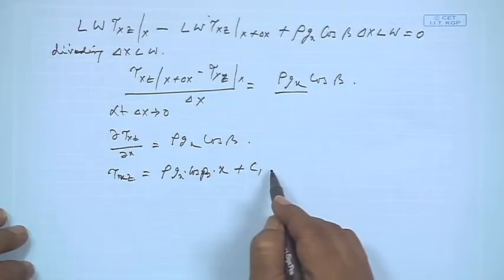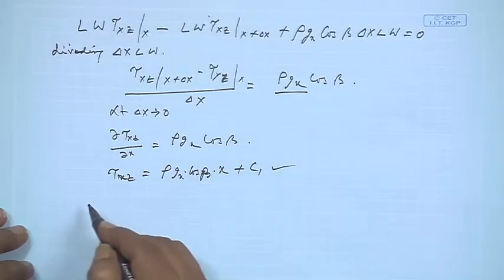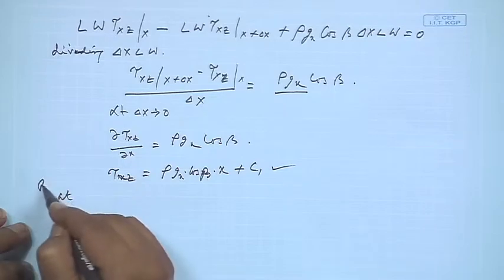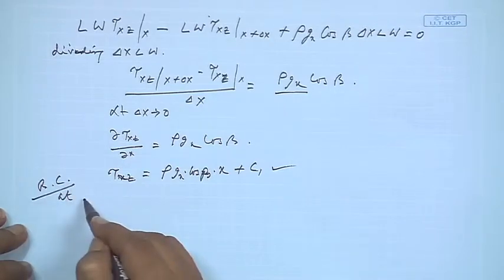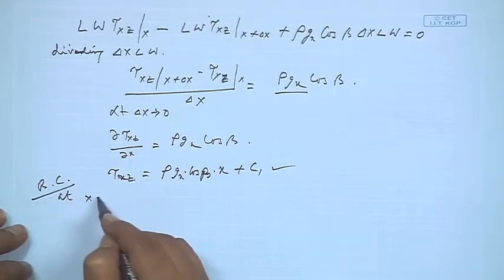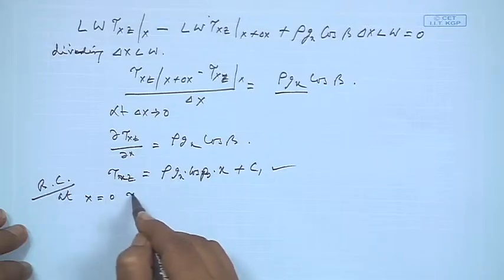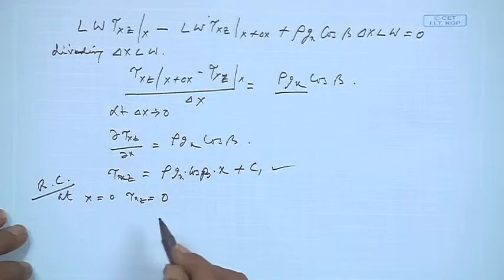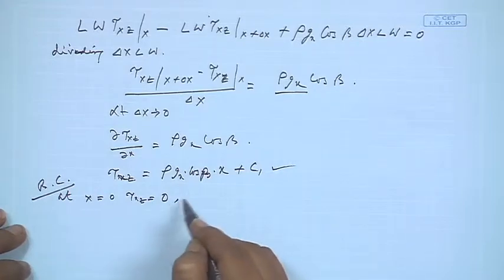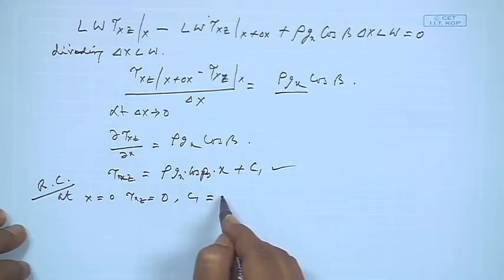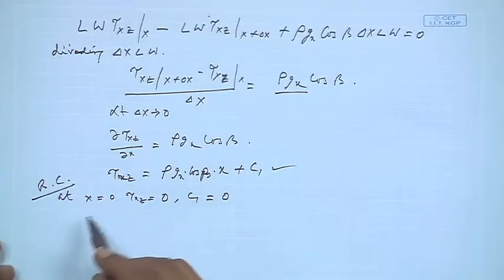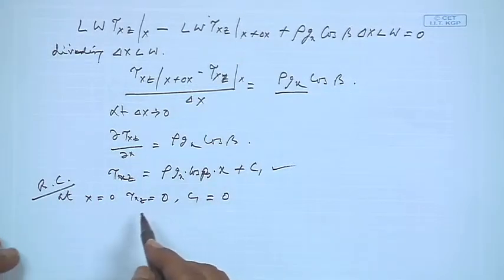Now, to find the integration constant, we use the boundary condition: at x equals 0, tau xz equals 0, so C1 becomes equal to 0.